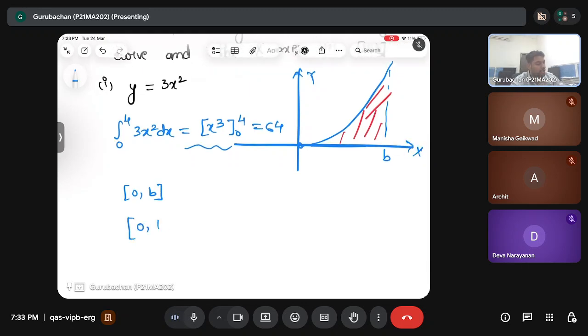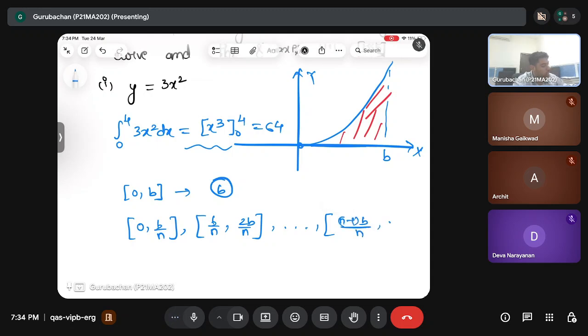How can you do that? 0 to 1 by n, 1 by n to 2 by n. What is the length of this interval? B. So it will be 0 to b by n, b by n to 2b by n, and from here n minus 1 b by n to nb. Understood how I divided into n subintervals?